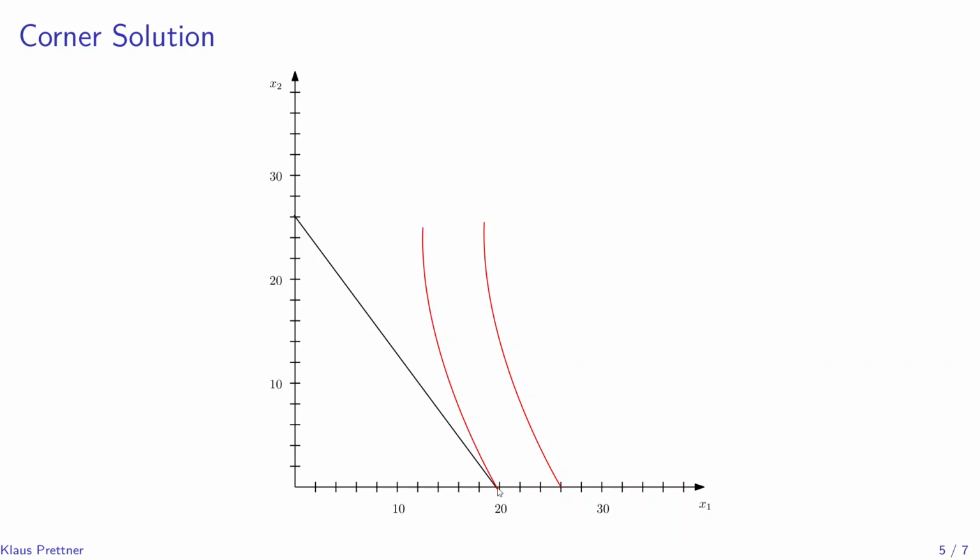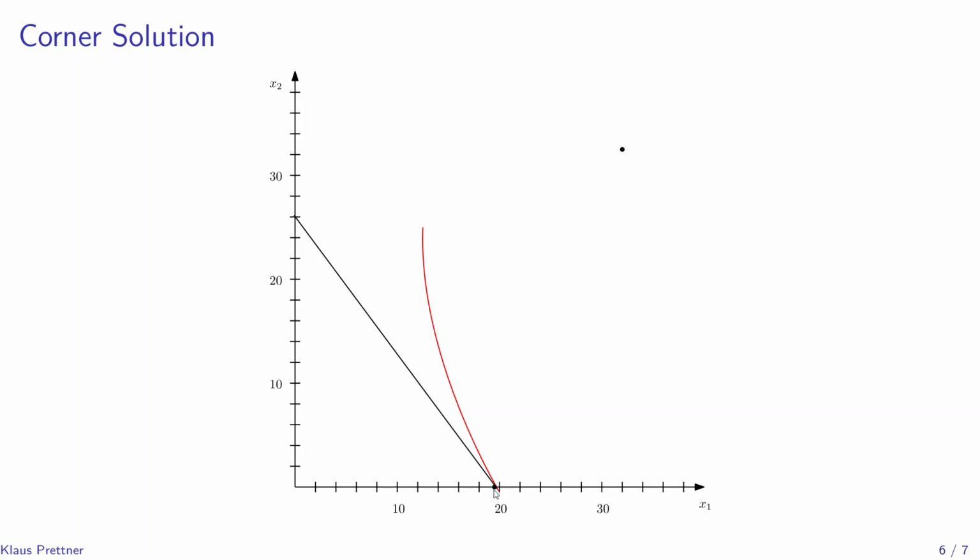So the point at which the consumer would consume is basically the intersection between the budget line, the indifference curve, and the horizontal axis. So this consumer would then spend all the budget on consuming good 1 and would spend nothing on the consumption of good 2.